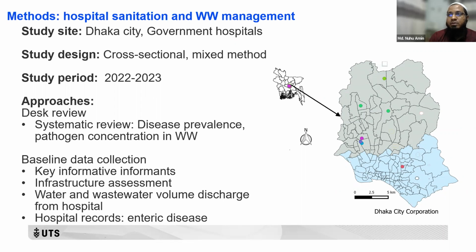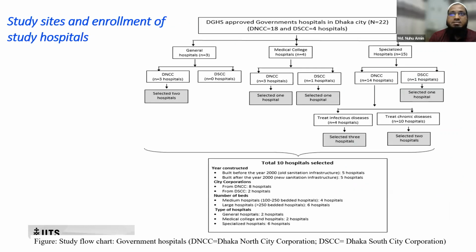We will conduct initially a cross-sectional study with a mixed method approach, and later this information will be fit into the model for exposure assessment. The study will be about a 2-year project with 4 to 5 months of data collection. We'll do a desk review first, with a systematic review and baseline data collection. I will discuss this in later slides.